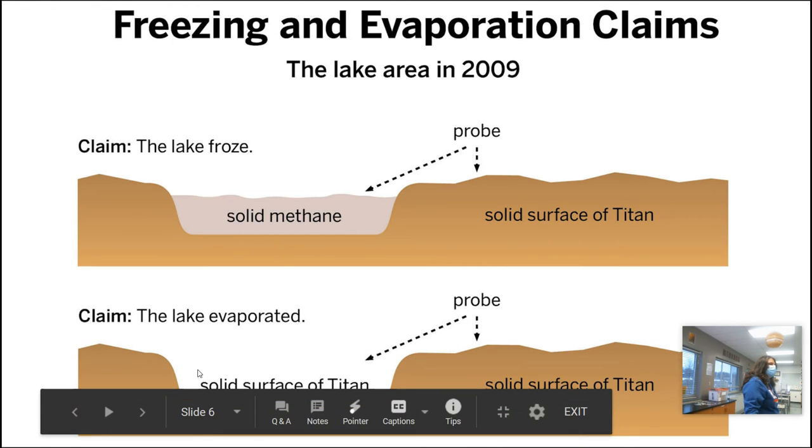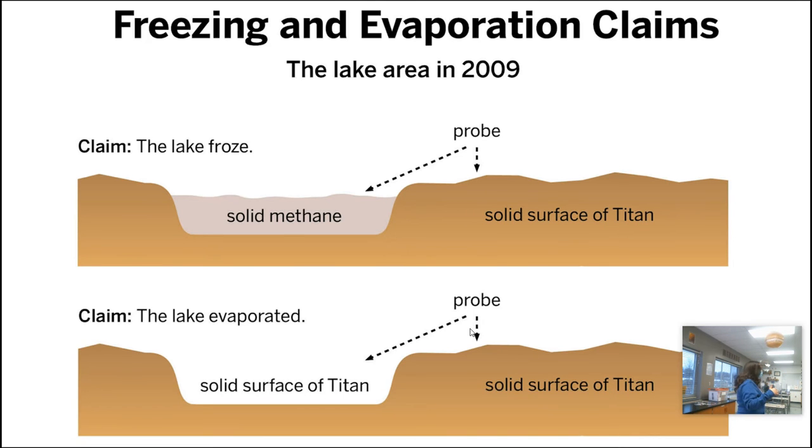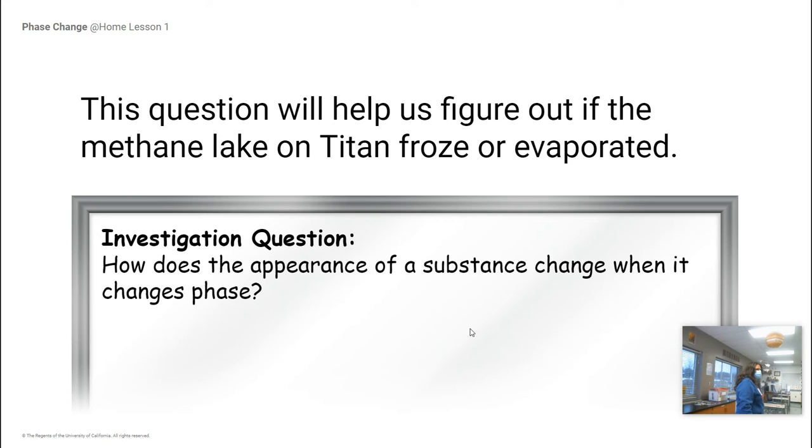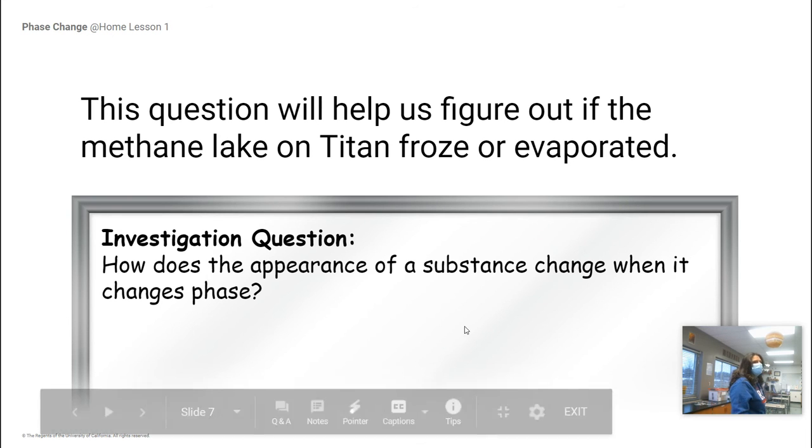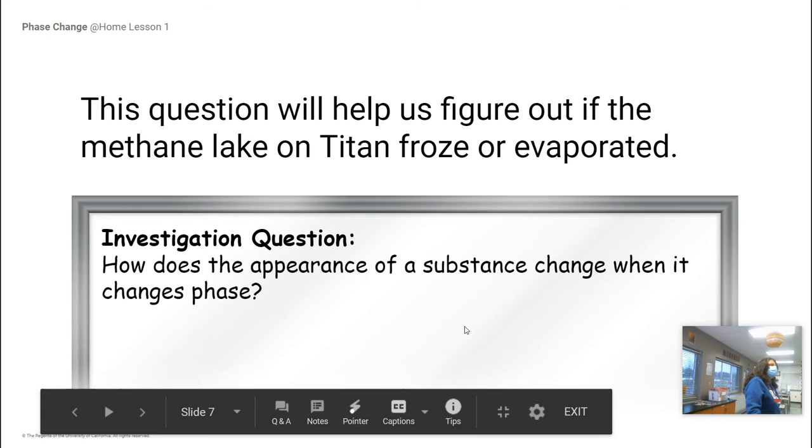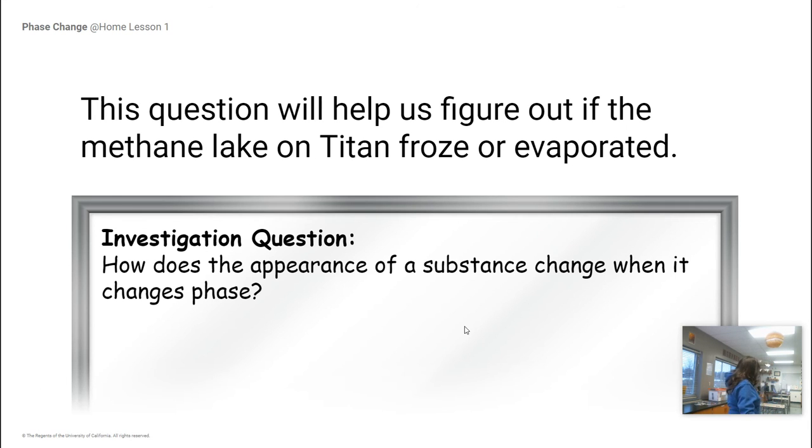And in the second one, we then would be just looking at the surface of Titan as well if the water had evaporated. So both of those processes, freezing and evaporating, are types of phase changes. So this is the investigation question we're currently working on: how does the appearance of a substance change when it changes phase?